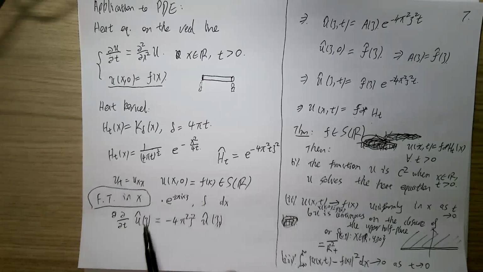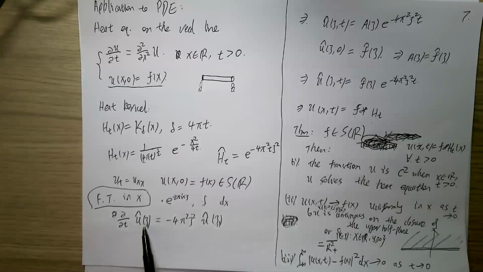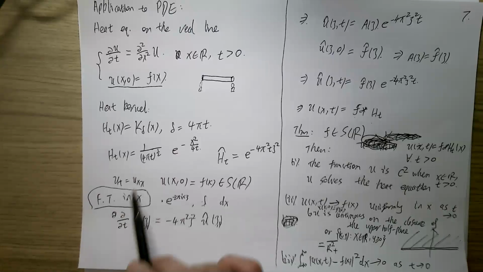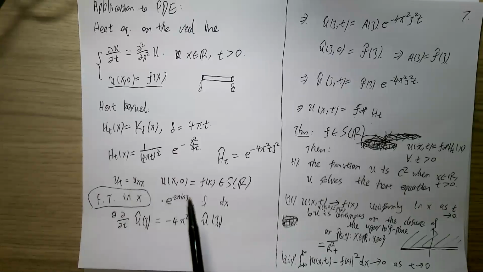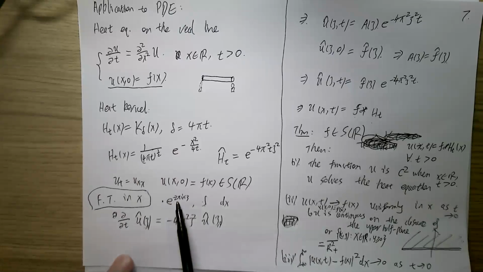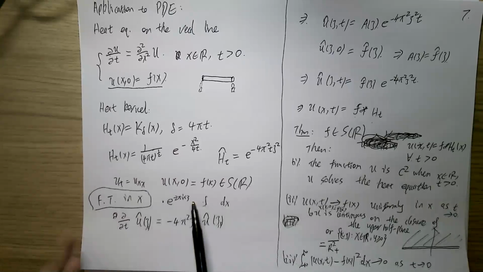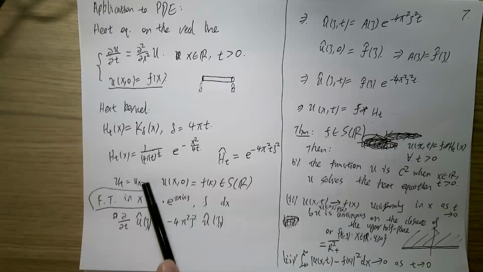Then this becomes the Fourier transform of u, and then you take the derivative in t. But on this side, you have e to the power minus this kind of thing multiplied by u_xx, which means you take the Fourier transform of a function with a second derivative in x.